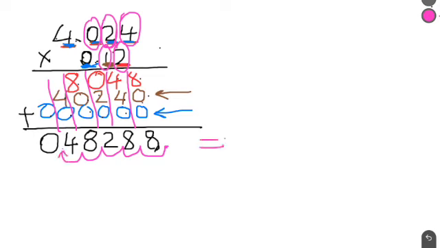So which means the number would be 0.48288. Go on your calculator and verify that what we just found is actually true. Okay, 48288.